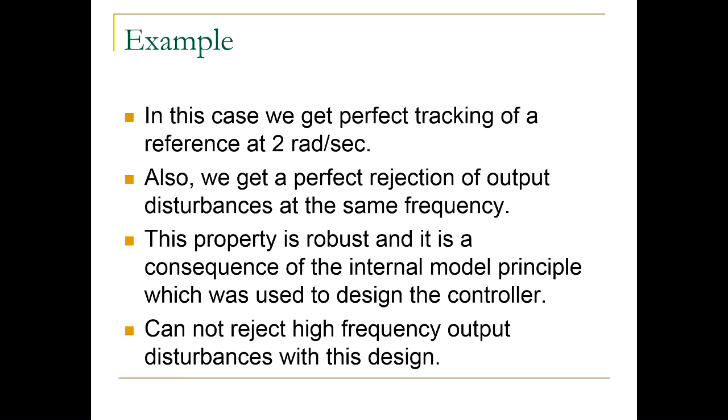We control that. We know that it's there. So it's robust in that sense. And then we cannot reject high frequency output disturbance or low frequency. Low frequency is the step signal, so 0 frequency. We can't reject that either or track it.